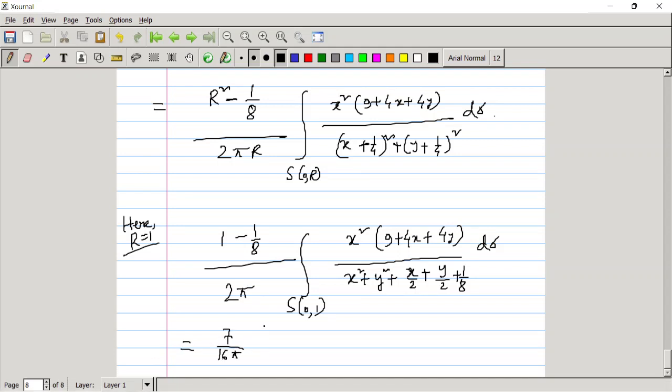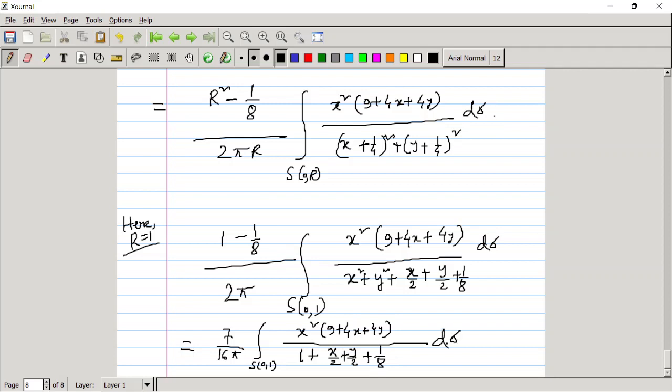I just expand this square. So what is on the boundary, what is x square plus y square? Everything is calculating on the boundary. So on the boundary x square plus y square is 1, x by 2 plus y by 2 remains same plus 1 by 8 d sigma.